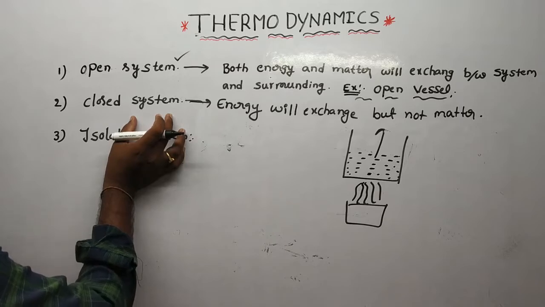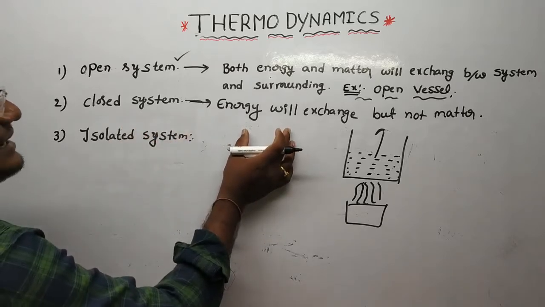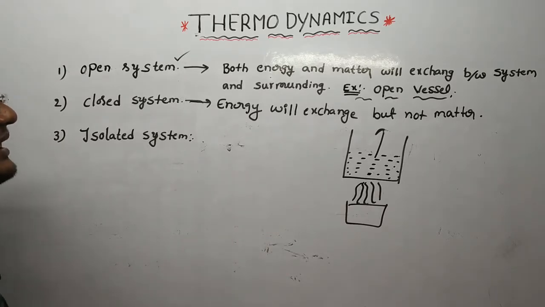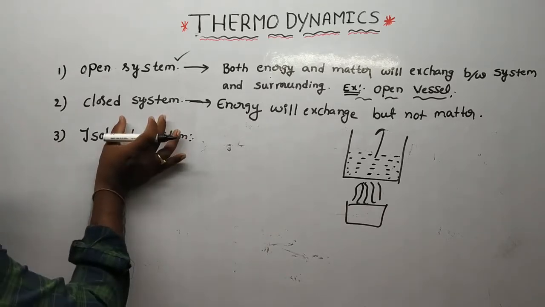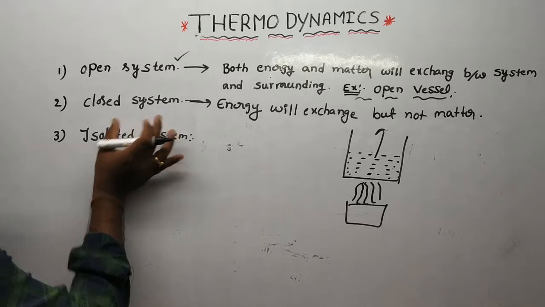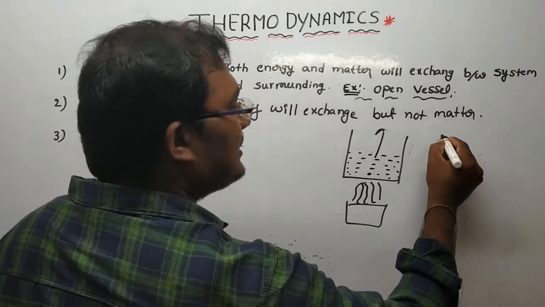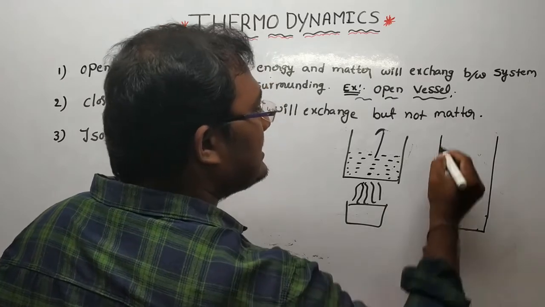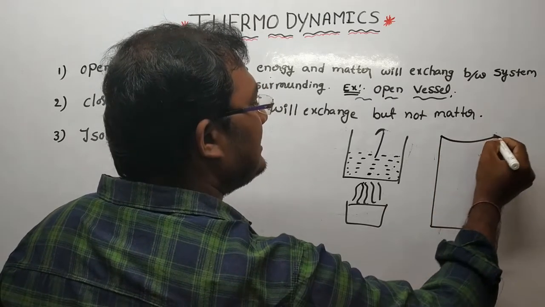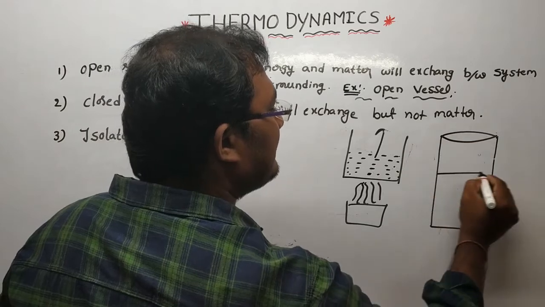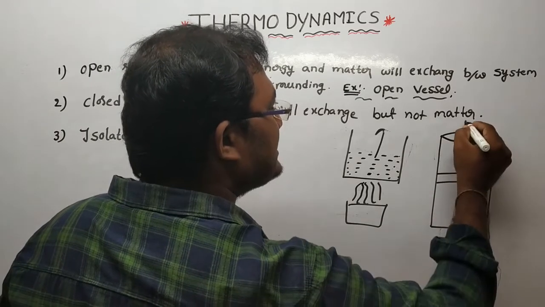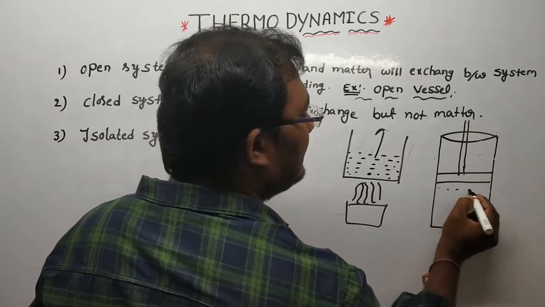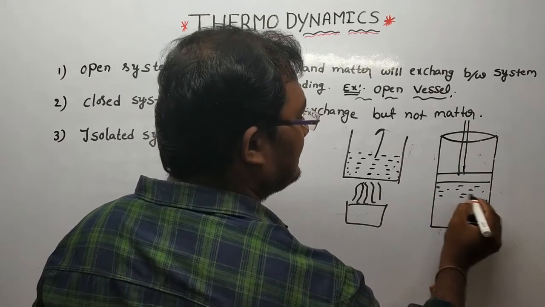The systems in which energy will exchange but not matter between the system and surroundings, those systems are called closed systems. Example, take a cylindrical vessel which is fitted with a piston and also filled with some gas.